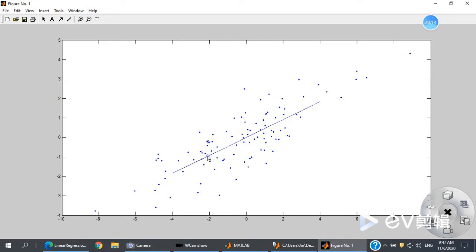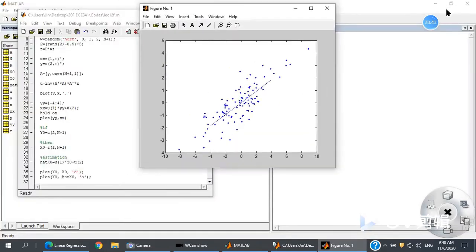So we use this circle value as an estimation of this diamond value. Yeah, it makes sense, right? We suppose x and y have a relation given just by this straight line. But the real value will have some randomness, so it is not exactly the same. You have some errors. Okay. All right. So this is the problem and how to solve it.